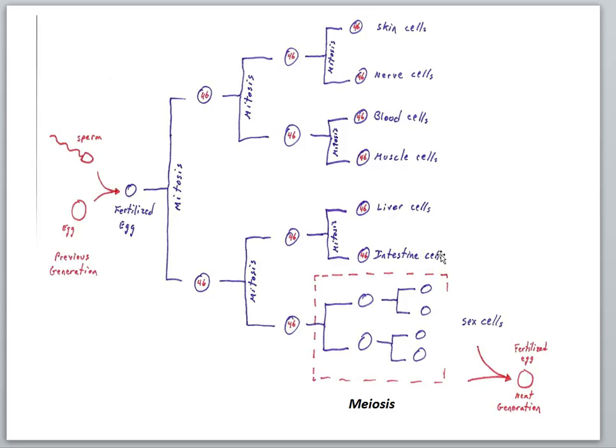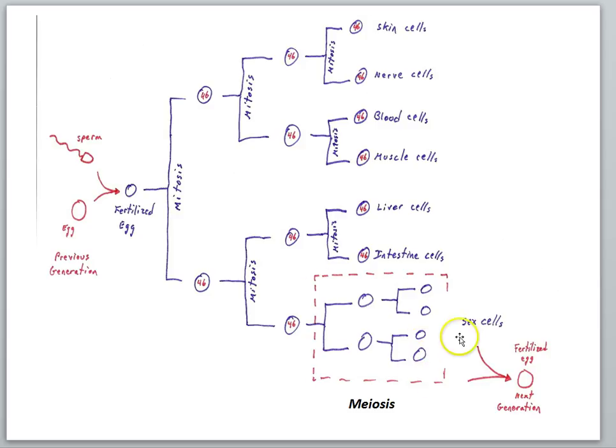And in the sexual organs, the ovaries or the testes, that special division process will be happening. That's not mitosis, it's meiosis. So meiosis is occurring in cells in the sexual organs. Those cells would have been produced by mitosis, but then they undergo the special meiosis process.